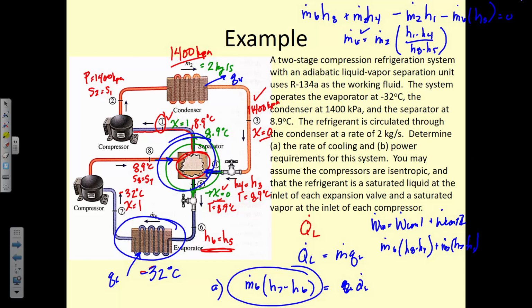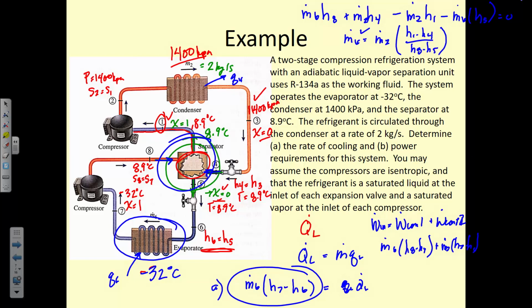Can you repeat what you said about the rate of cooling for the refrigerator versus the heat pump? Yes. QL is the rate of cooling for a refrigerator, but for a heat pump, the rate of interest is QH. You're not cooling with the heat pump, you're heating. The system is exactly the same.